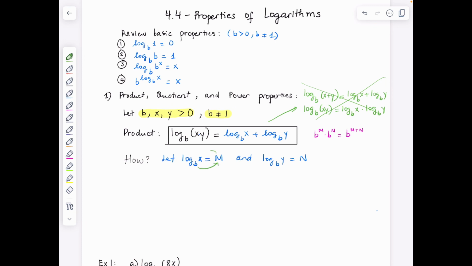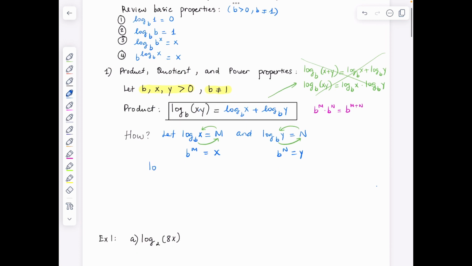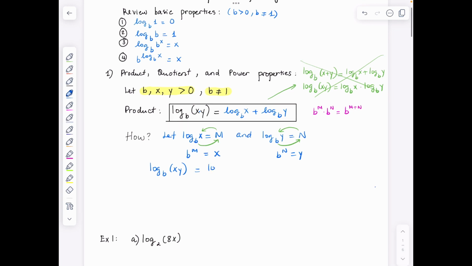So b to the m is equal to x, and b to the n is equal to y. So when you have log base b of x times y, that's the same as log base b of b to the m times b to the n, because that's what x and y equal.